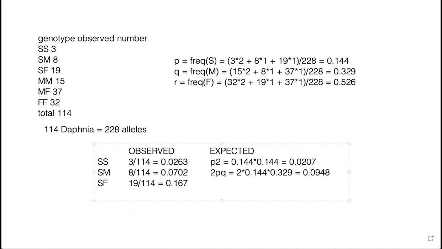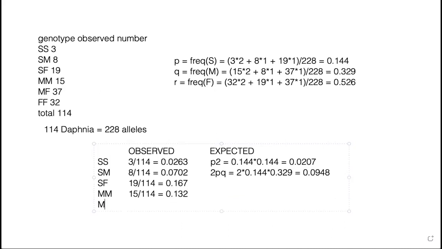The frequency of MM individuals that we observe is 15 over 114, which is 0.132.